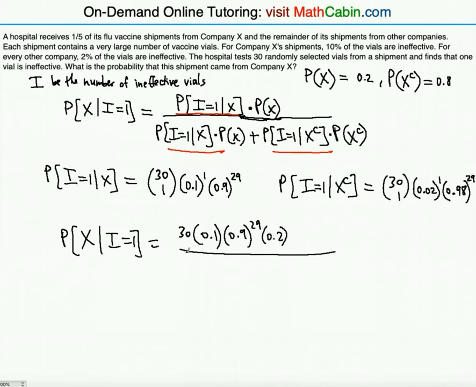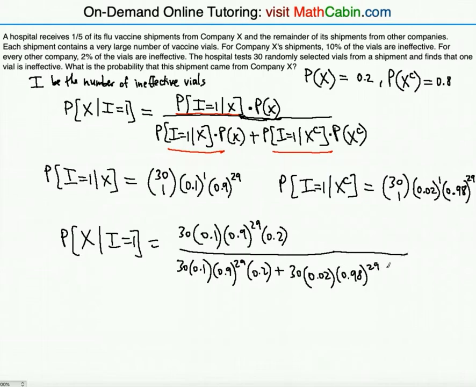And now you're going to divide it by the same thing in the denominator as the first part, plus this part that we just found, which was 30, 0.02, and then 0.98 to the 29th.